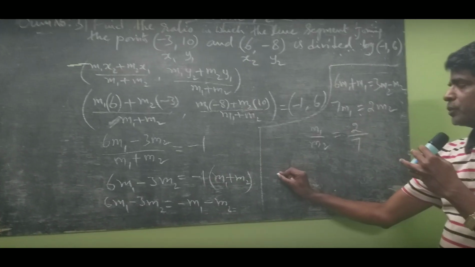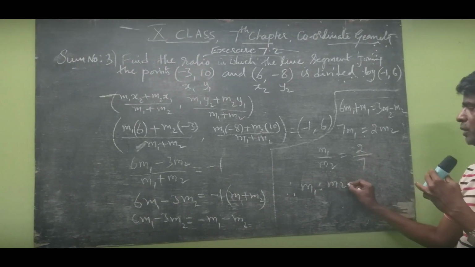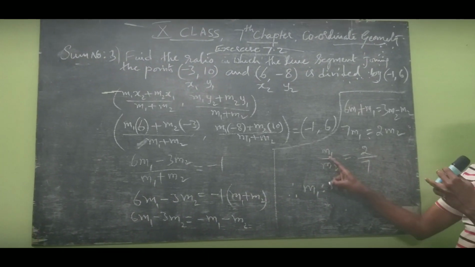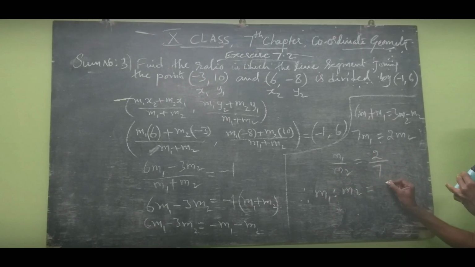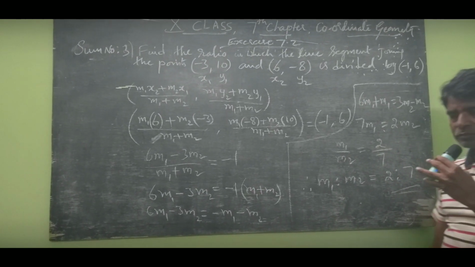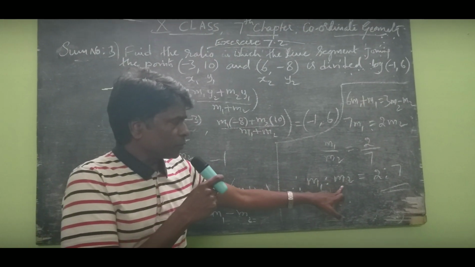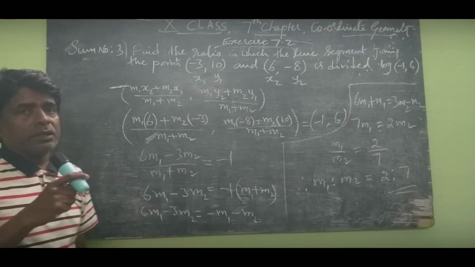So therefore m1 is to m2, the division is the ratio only. m1 is to m2 is equal to 2 is to 7. This is the answer: m1 is to m2 is equal to 2 is to 7.